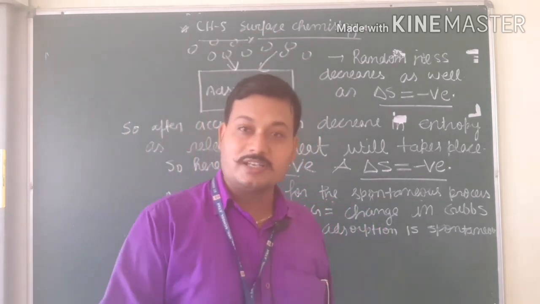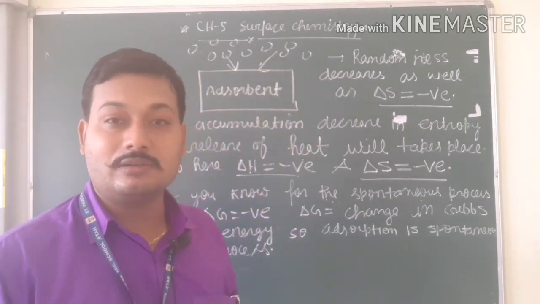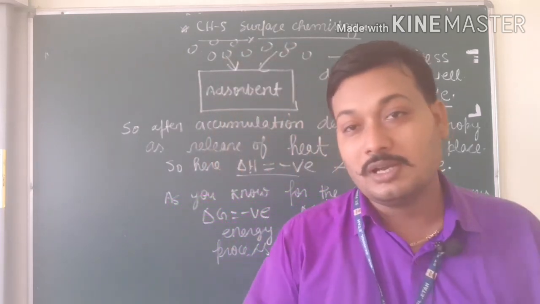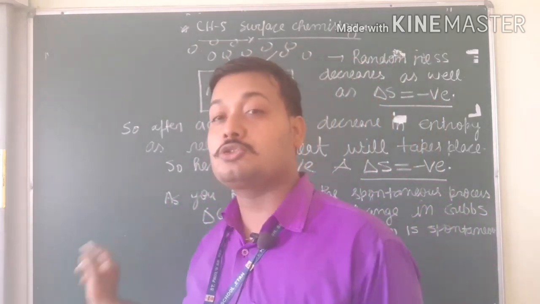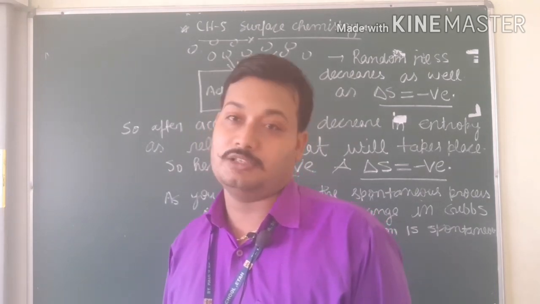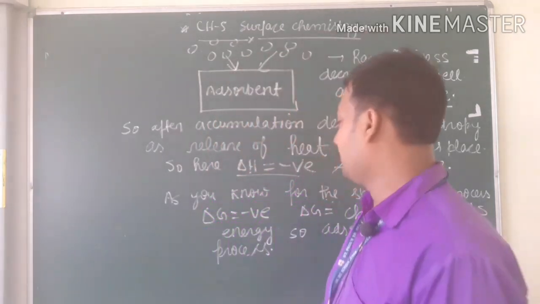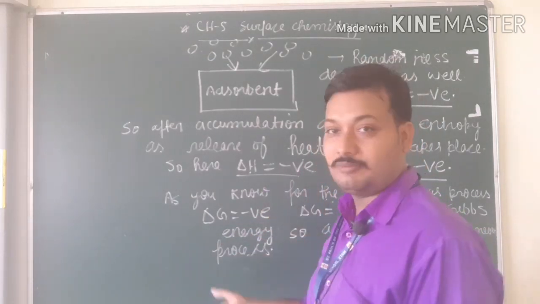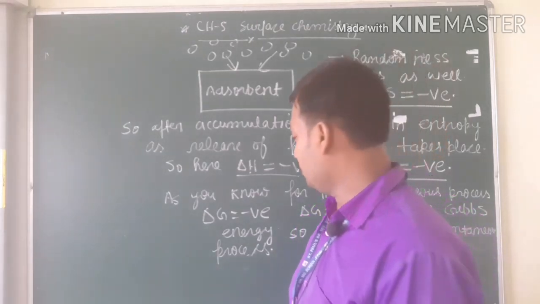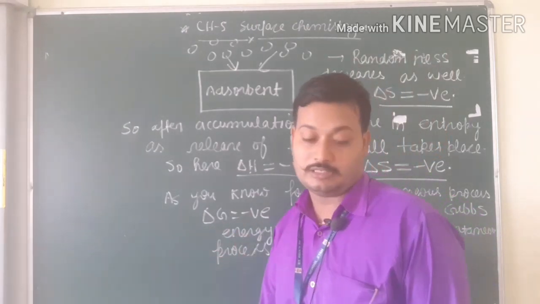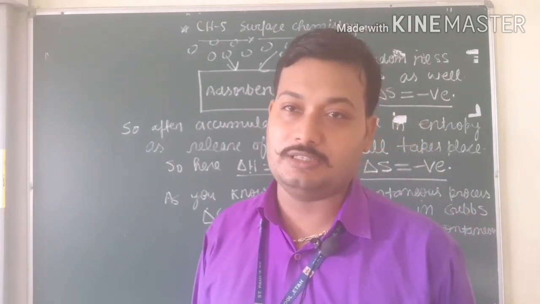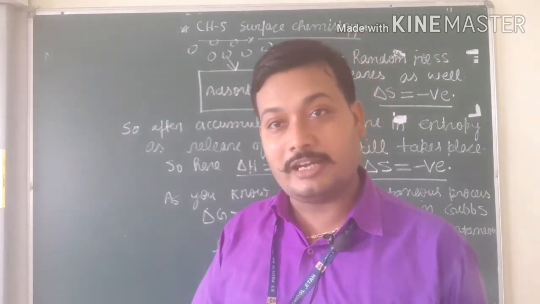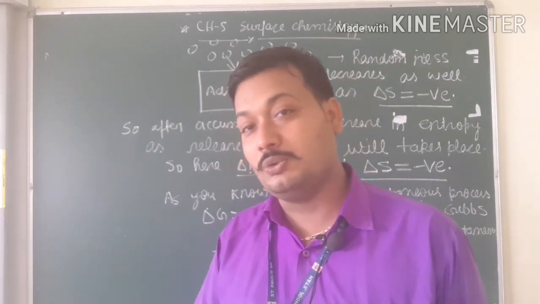It means the surface energy decreases, which is released as heat. Due to this release of heat, this process is also exothermic in nature. So delta H is negative and delta S is negative, so delta G is also negative and adsorption becomes spontaneous. It means adsorption occurs by itself when the adsorbate and adsorbent come in contact with each other.